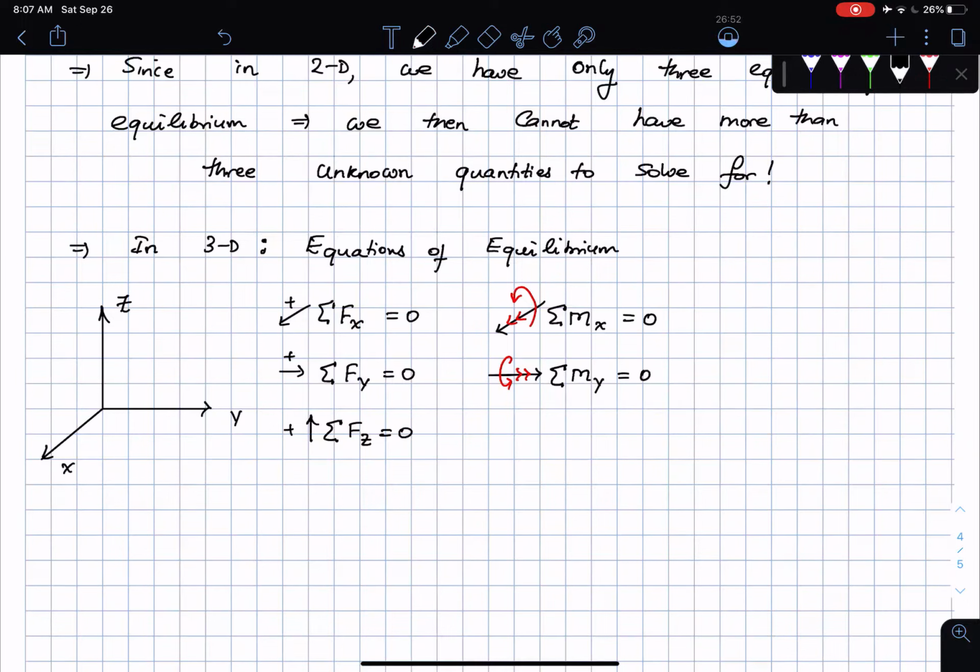And lastly, the sum of all the moments about the z direction is equal to 0, which means that all the moments that are pointing vertically up will be treated as positive.